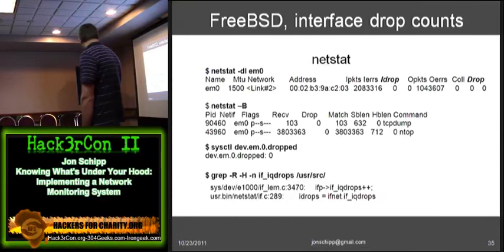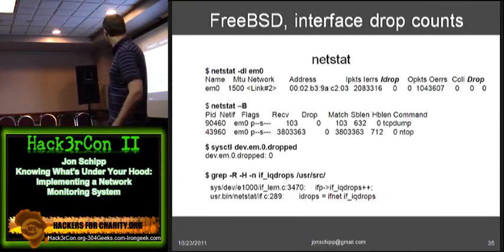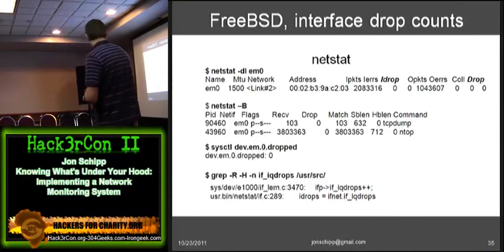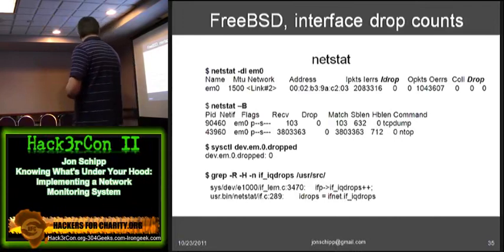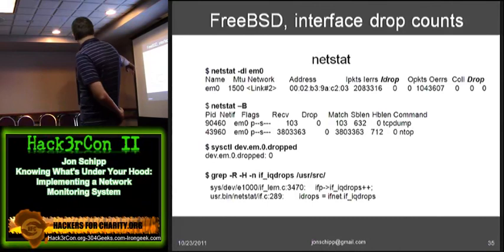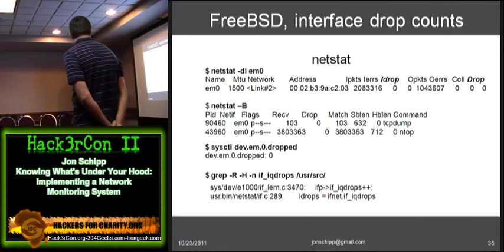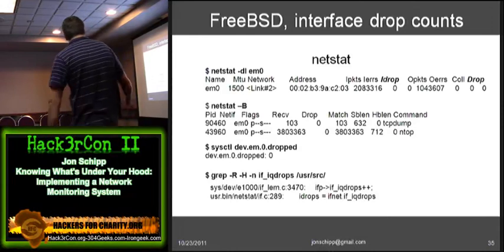It's also the same place you get the number from if you look at the interface and its drop count, and those numbers will all be the same. So that's from the device driver, right? And I showed at the very bottom the actual variable that we use to increment the drop count, and that's what netstat calls.